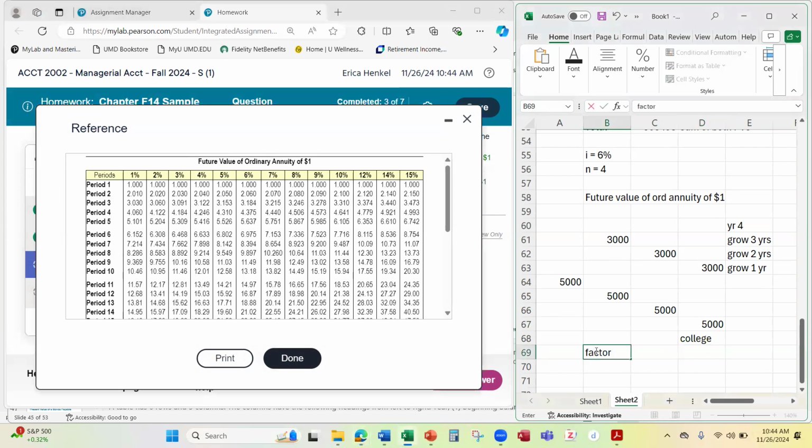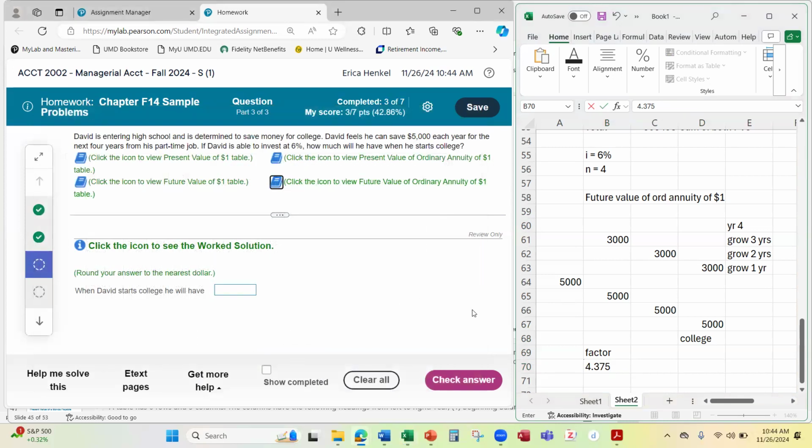The factor is 4.375. So we would take the factor and multiply it times the amount of the payment that he's going to make. So 5,000 times 4.375, and that's going to get us to 21,875.